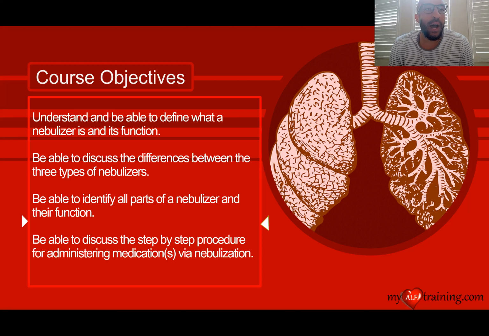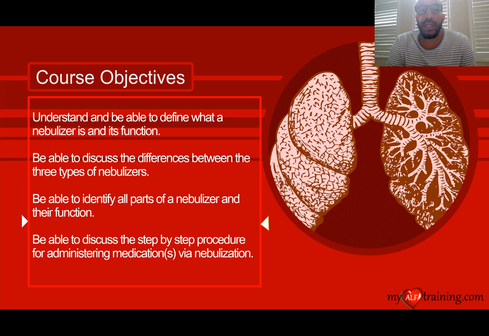Our first course objective is by the end of this presentation, you should understand and be able to define what a nebulizer is and understand its function as well. So you should know how it works and the specifics of it.